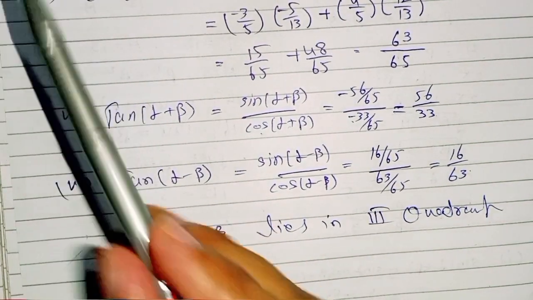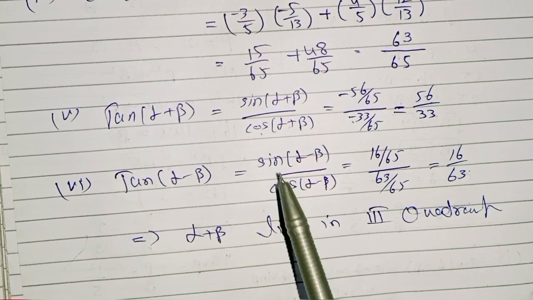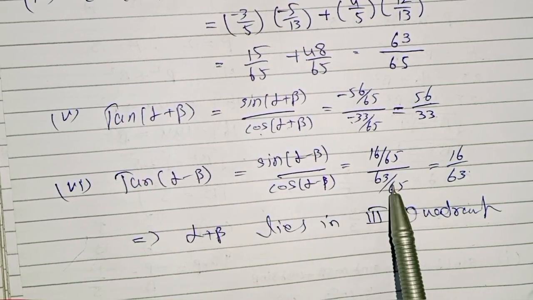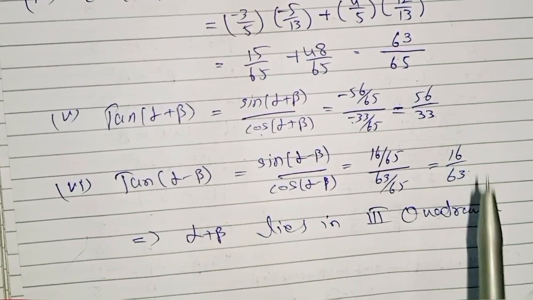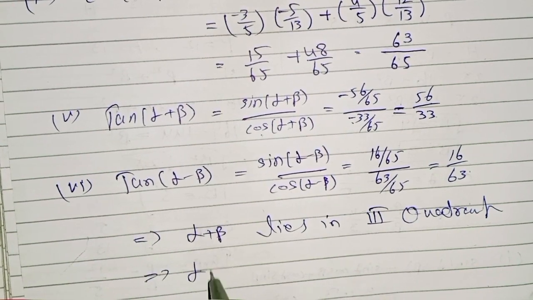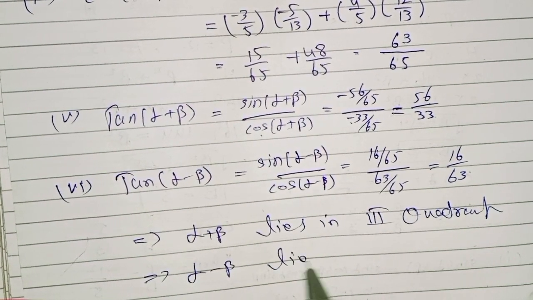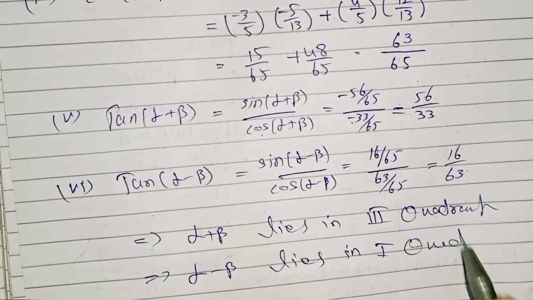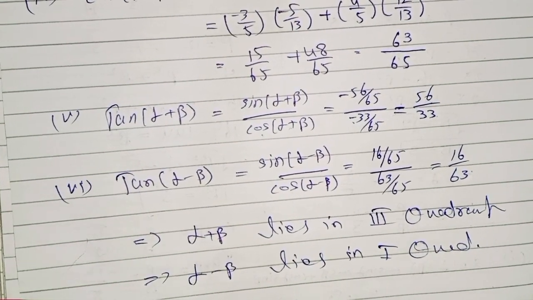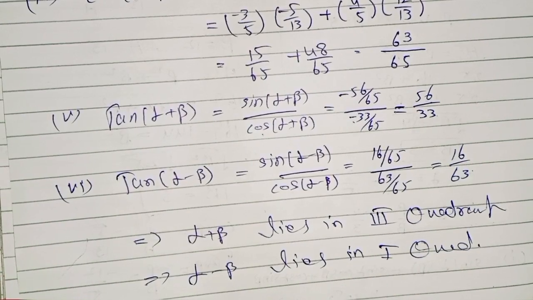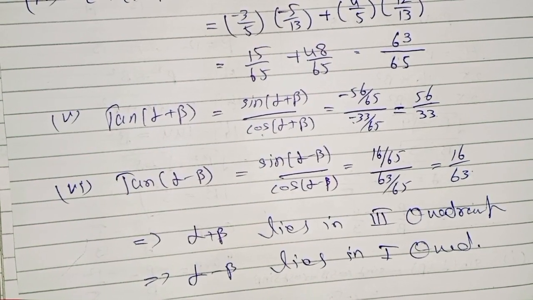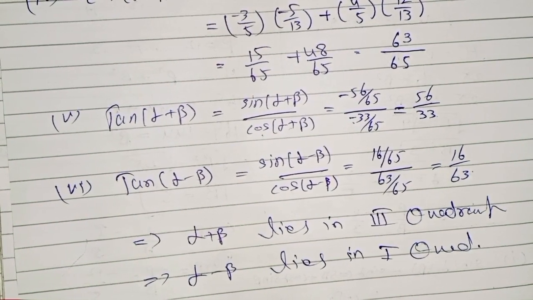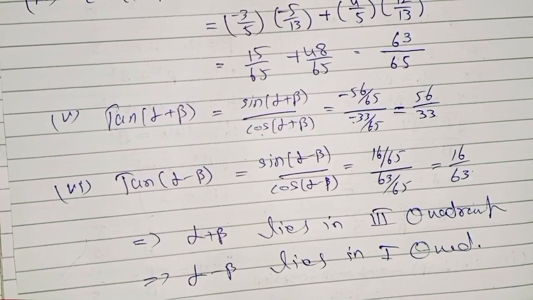And sine of alpha minus beta is positive, cos of alpha minus beta is positive, and tan of alpha minus beta is also positive. This implies that alpha minus beta lies in first quadrant. The only quadrant in which sine, cos and tan are positive is first quadrant, and the third quadrant is the one in which sine and cos are negative but tan is positive.